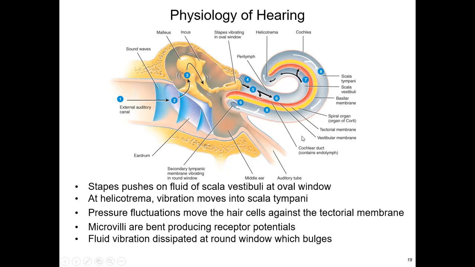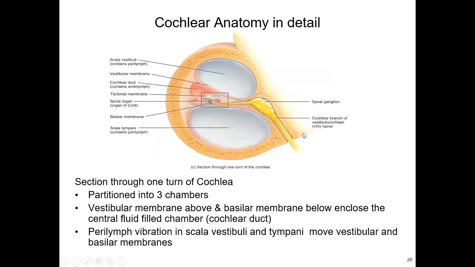This colored portion here is the cochlear duct. We'll be closing in on that to describe the action. This is very similar to one of our lab models showing the scala vestibuli up here, the scala tympani. Again, pressure waves are rushing through there. And the cochlear duct, which is filled with endolymph, has the organ of Corti with the sensory receptor hair cells.